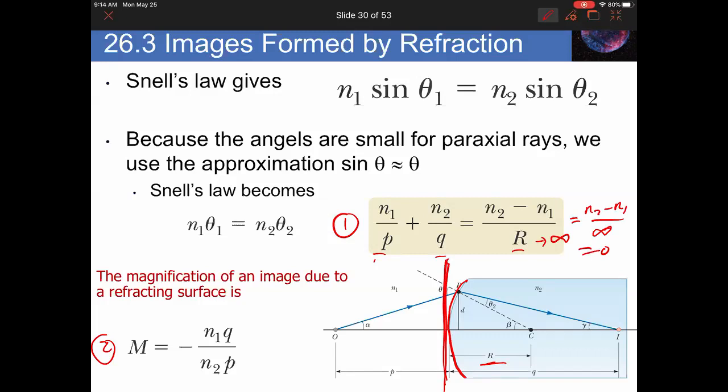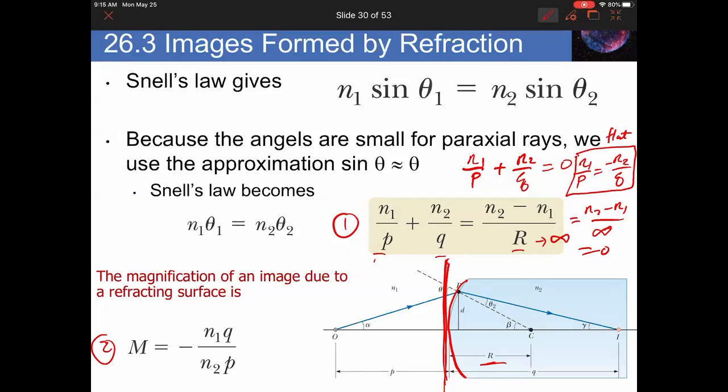That means this equation modifies to n1 over p plus n2 over q equals 0. That means n1 over p equals negative n2 over q. So you can use this equation for flat surfaces. And there are some applications of that.